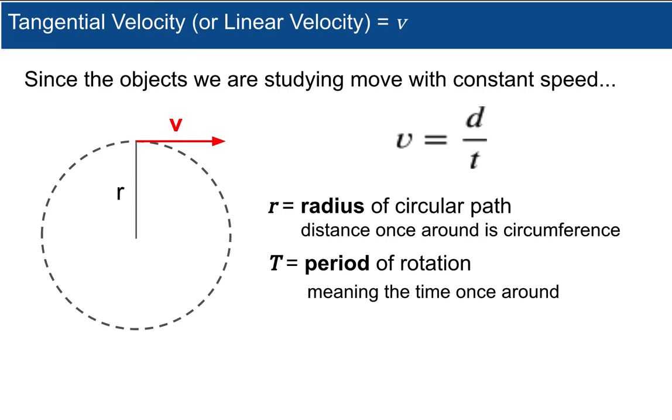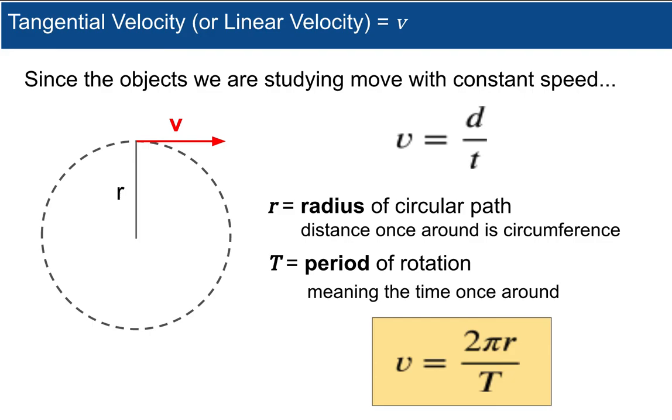It is specifically the time one time around the circle. So when you put that together for an object moving with constant speed around a circular path, the speed can be found by taking 2 pi r, that's the circumference formula, divided by the period. Again, capital T, not just T.